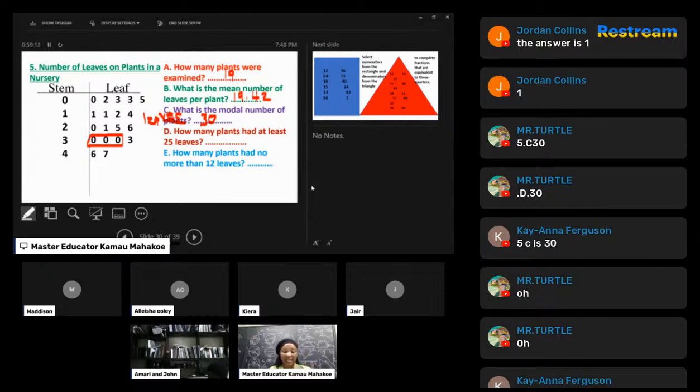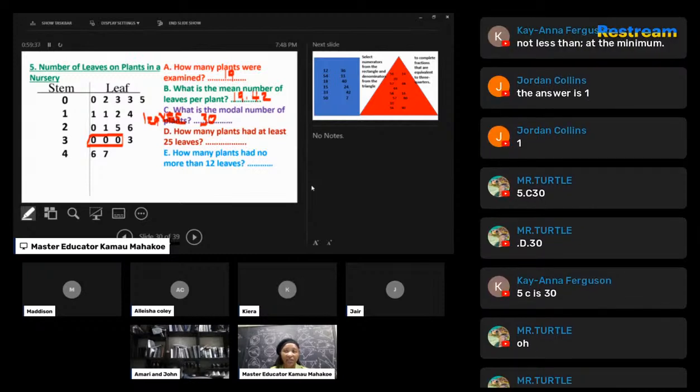The term at least, what does that indicate to us? Are we saying how many of them have 25 leaves? When we say at least 25, is that what it means? As in they go up to 25? So you're saying at least means up to 25, that means 25 or less?